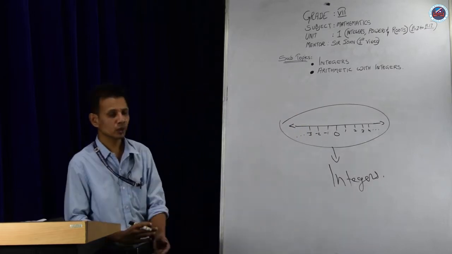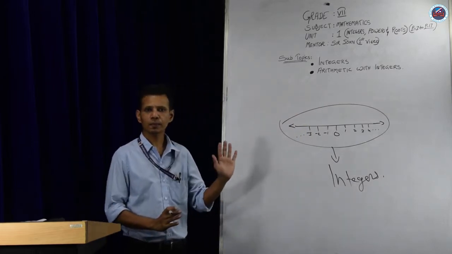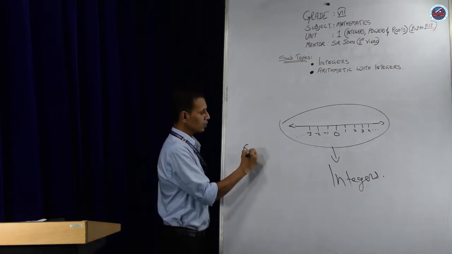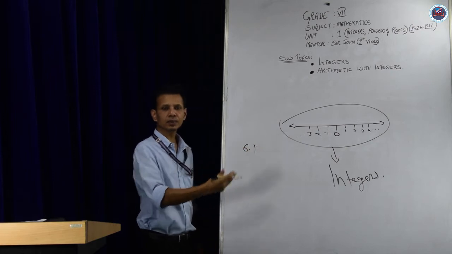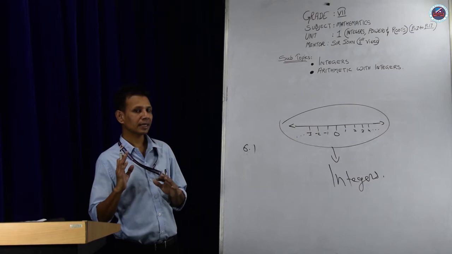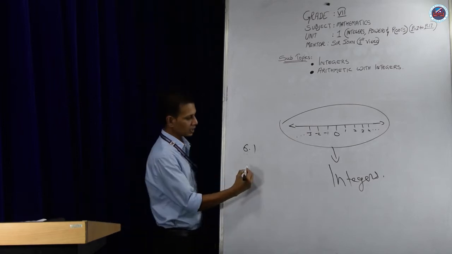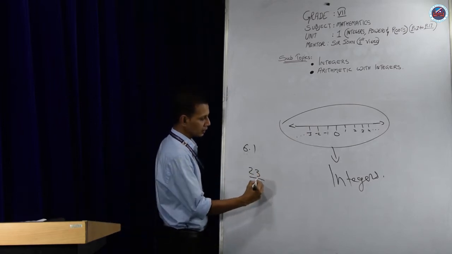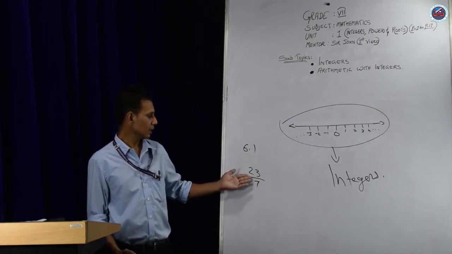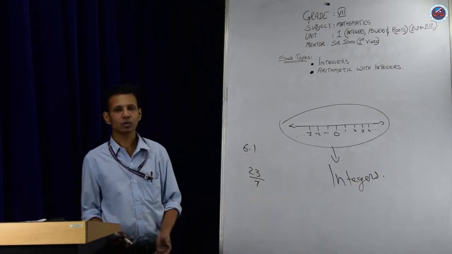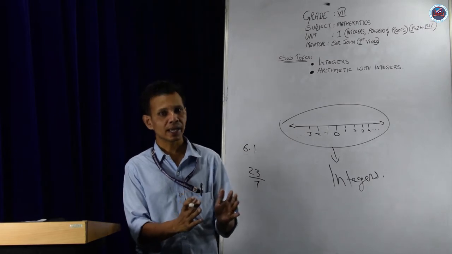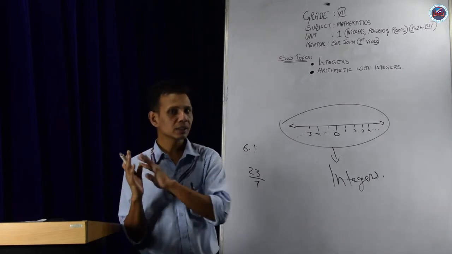Understood? Now here is one thing you have to know: decimal numbers are not integers. Like 6.1 or any decimal number, they are not integers. One more thing to keep in mind is fractions. A fraction, for example 23/7, is not an integer. So keep in mind that decimal numbers and fractions are not integers.